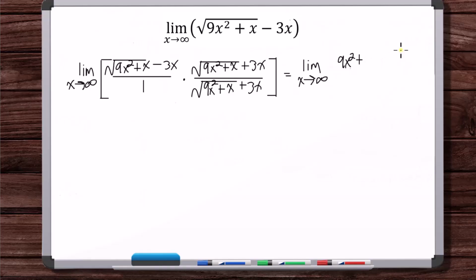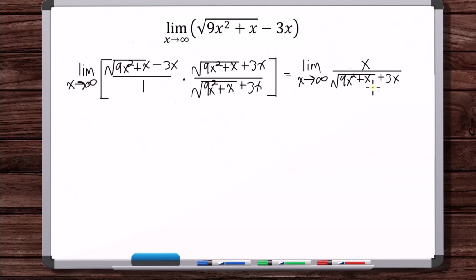So we're just left with x in the numerator and the square root of 9x squared plus x plus 3x in the denominator. Okay, so now plugging in infinity, we're going to get infinity over infinity, which is still an indeterminate form, but this is an indeterminate form that we know how to work with.